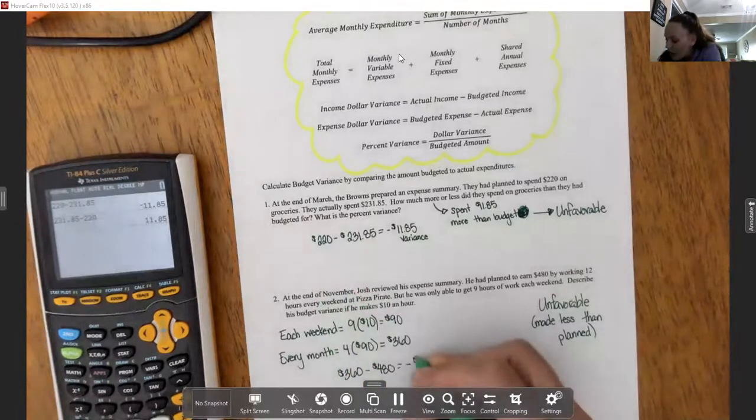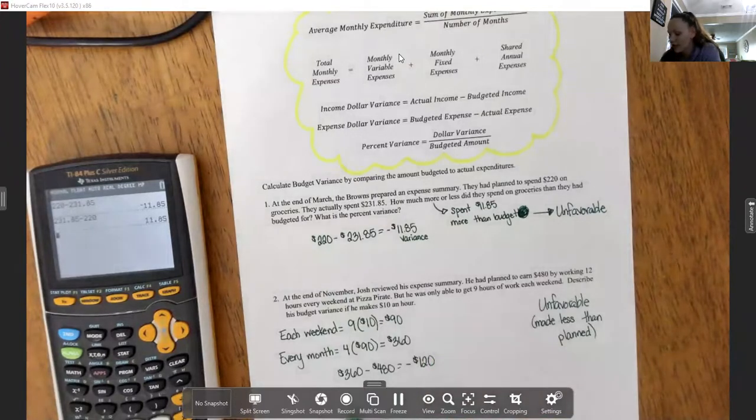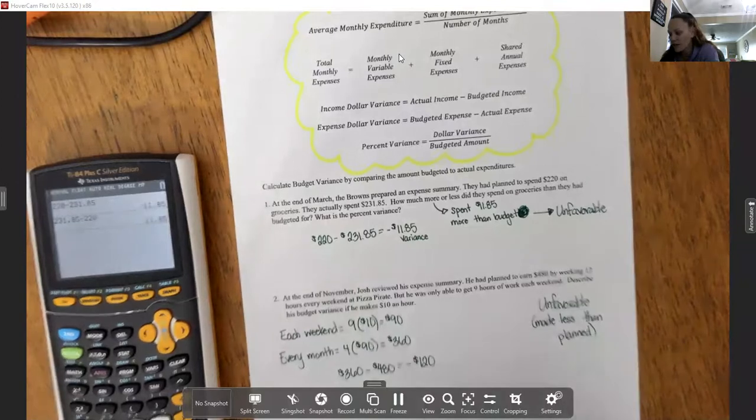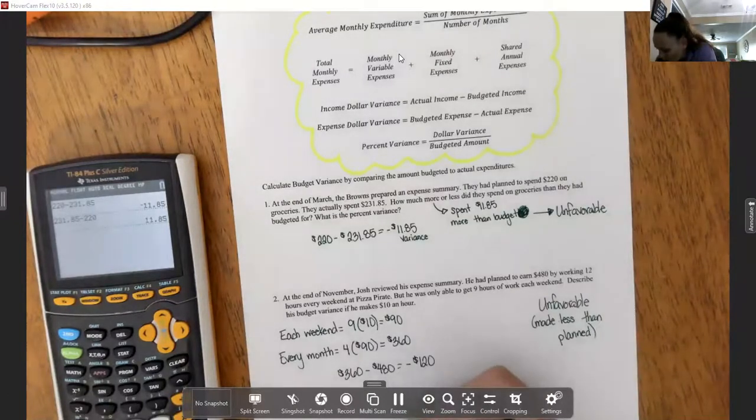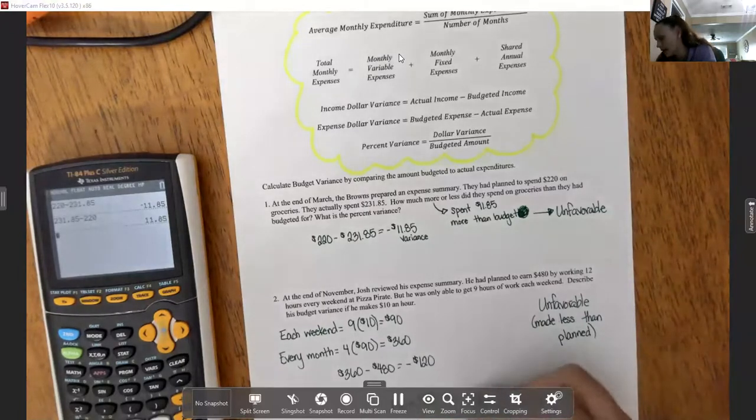If you do it the other way around, you're just going to get the same answer, but positive or negative. And if you understand the context of the problem, you should know if your answer should be positive or negative. So he made $120 less than budgeted for.